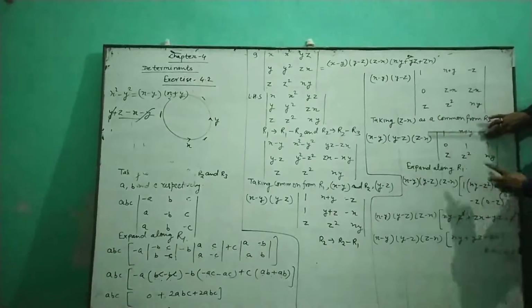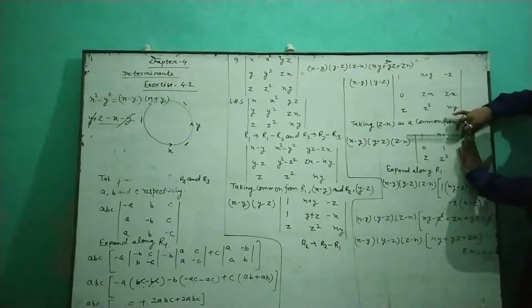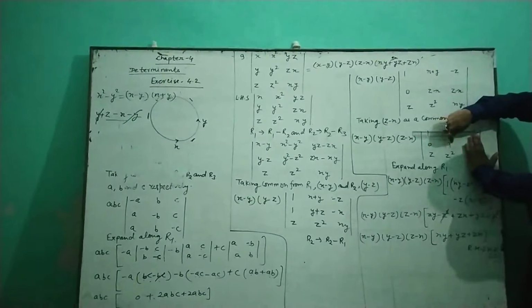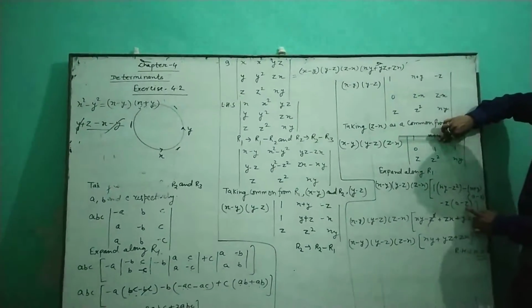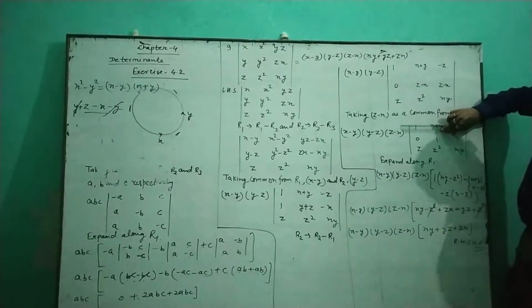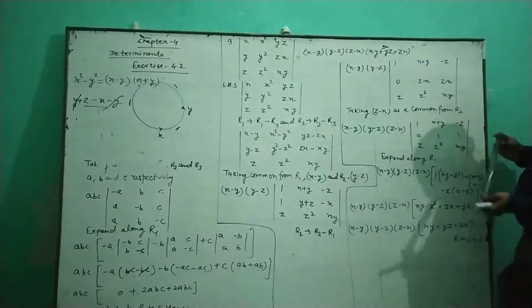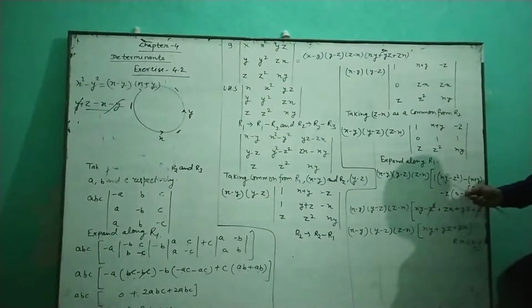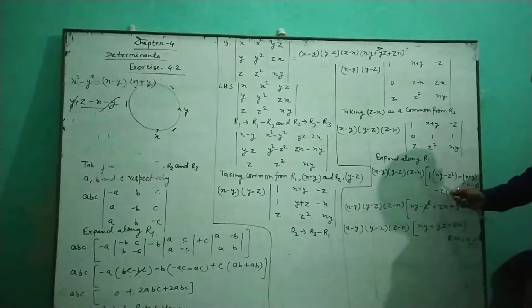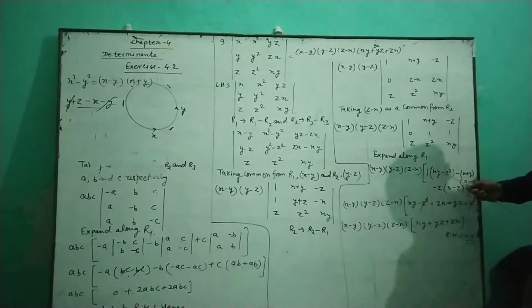Now see here. It means 0 and minus z. Now we write 0 minus z. After that we get xy minus z square, which we multiply by 1.